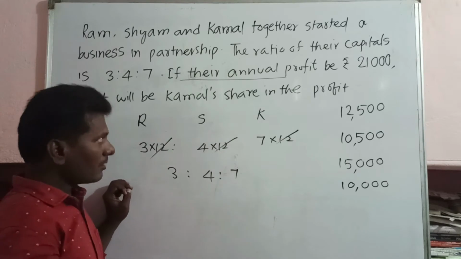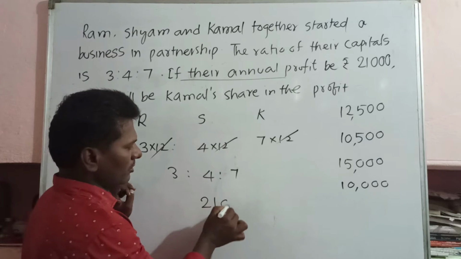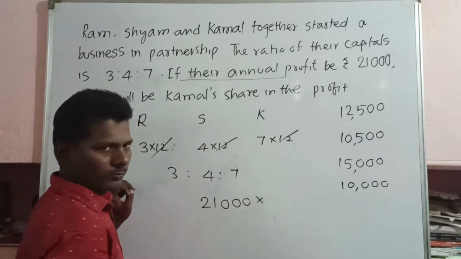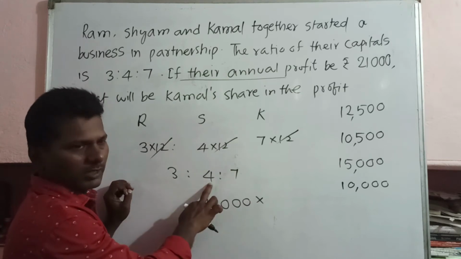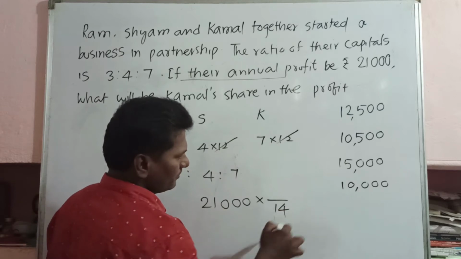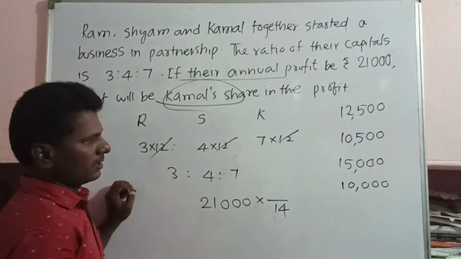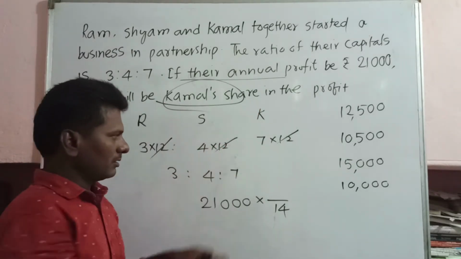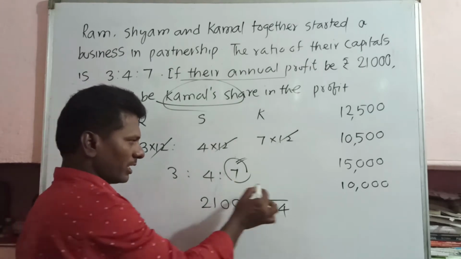Next, total profit is 21,000. So I am writing here 21,000 into, add all the parts, 3 plus 4 is 7, 7 plus 7 is 14. Total parts are 14. We are asked to find out Kamal's share. Kamal gets 7 parts. So write that 7 here.